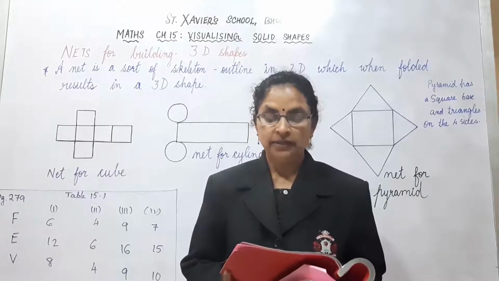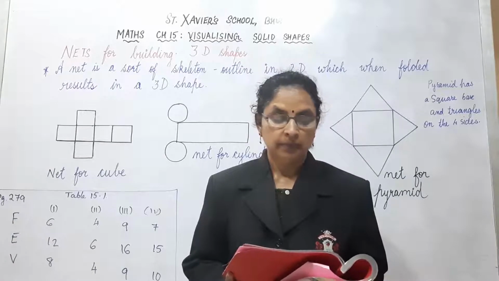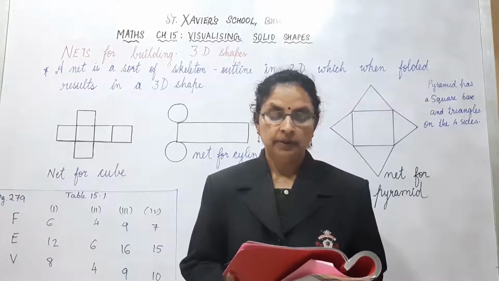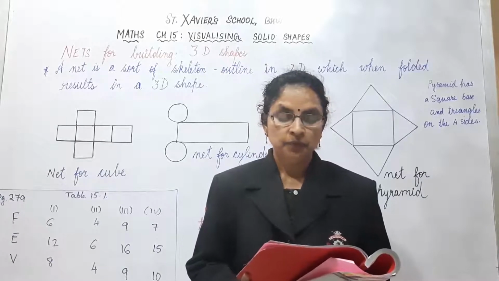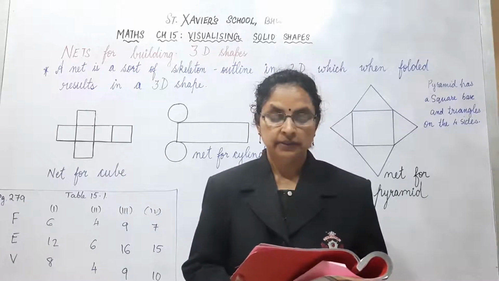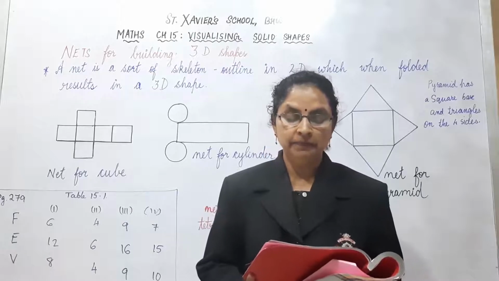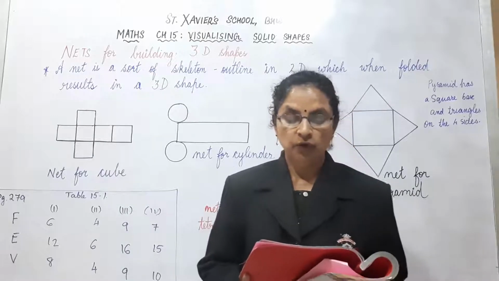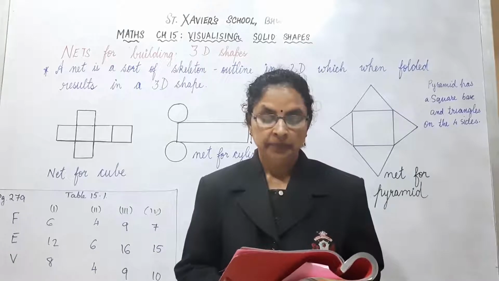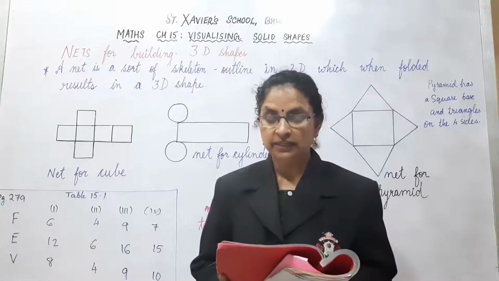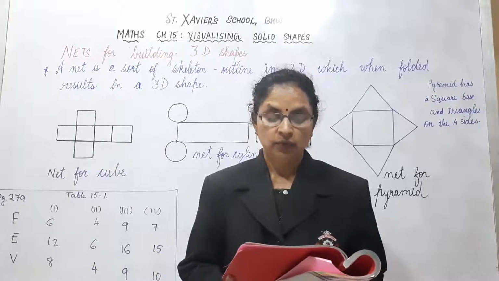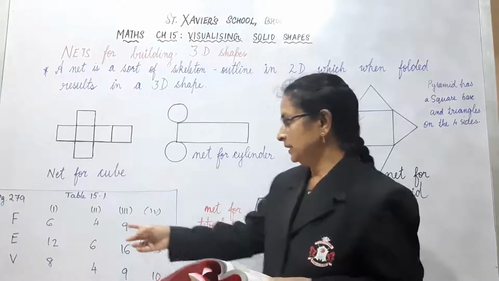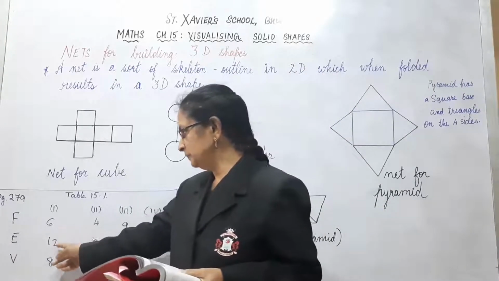Next figure has 4 faces. It is a pyramid. It has 4 faces, 6 edges and 4 vertices. It's written here.